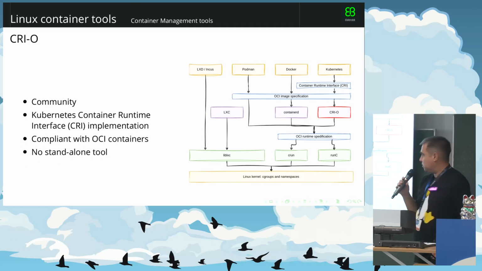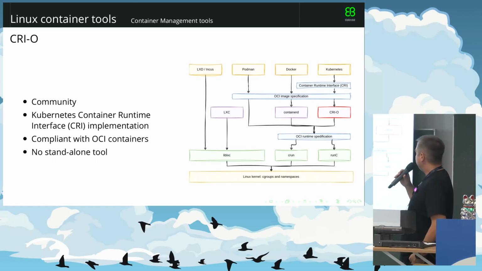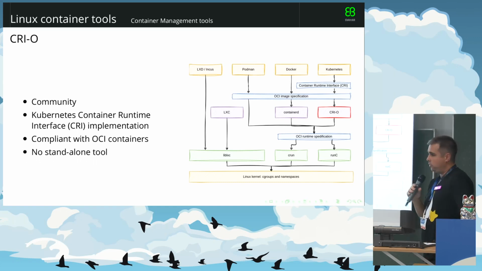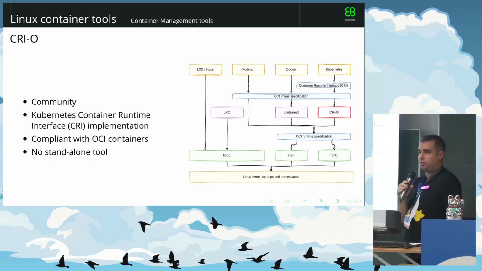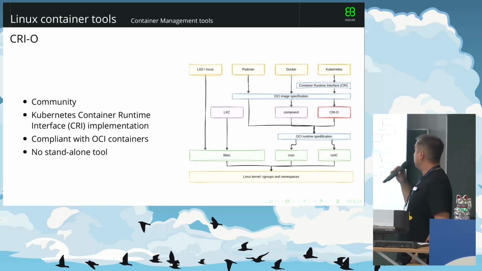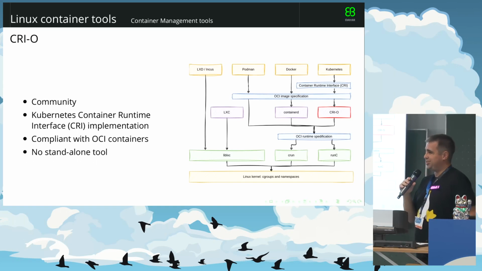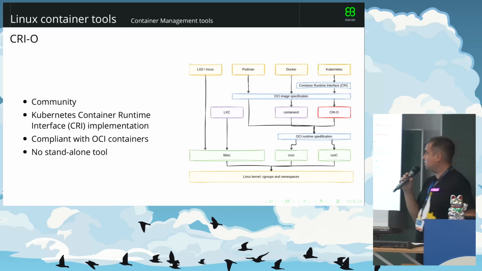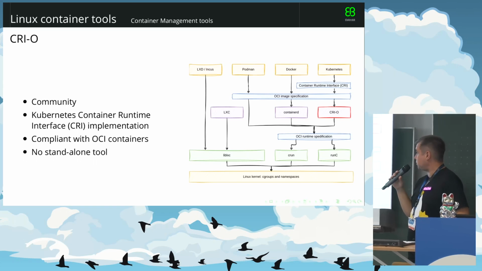Okay, and then the last of these container management tools we want to talk about today is CRI-O. CRI-O is quite a new one. It comes from the Kubernetes world. It's one implementation of the new container runtime interface, which is not really a standard, but an API defined by Kubernetes.